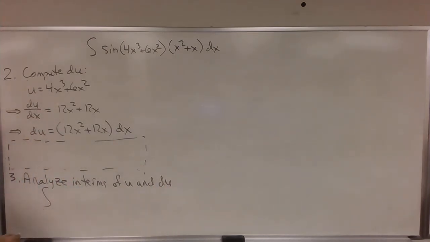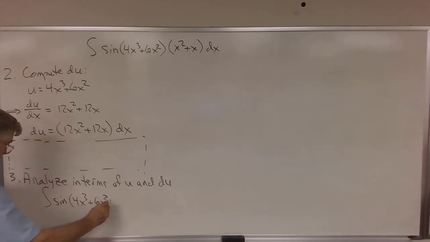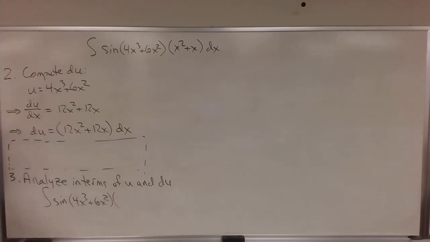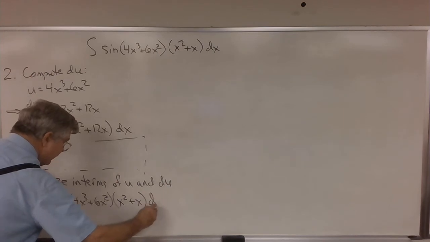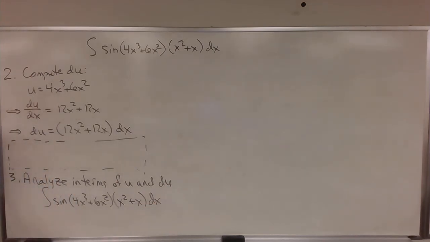So we have sine of garbage times x squared plus x dx. And we remember that u is 4x cubed plus 6x squared.